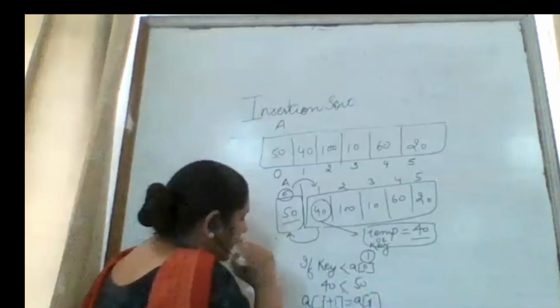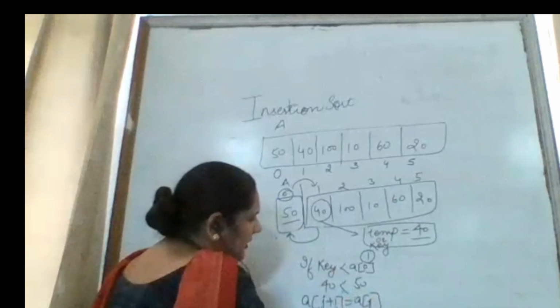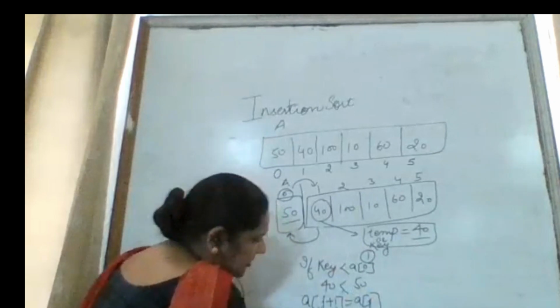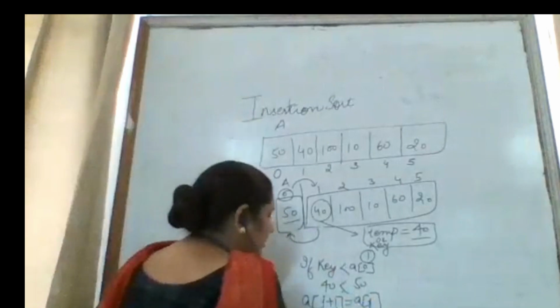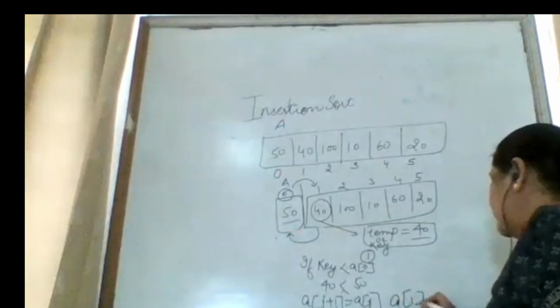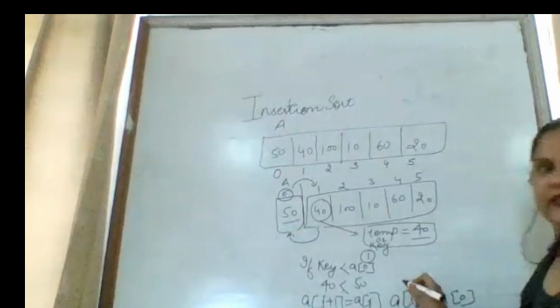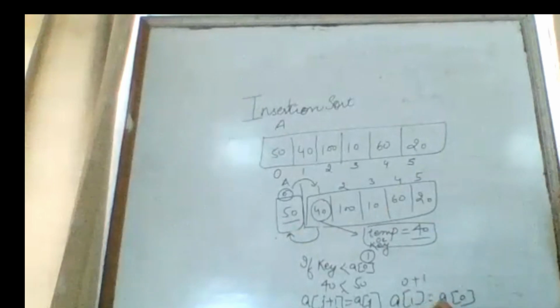What does that mean? The value of j is 0, so A of 1 is equal to A of 0. That means the element at A of 0 is going to shift to A of 1, because j is 0 and plus 1 gives A1.